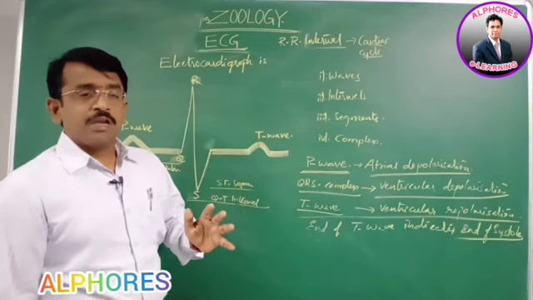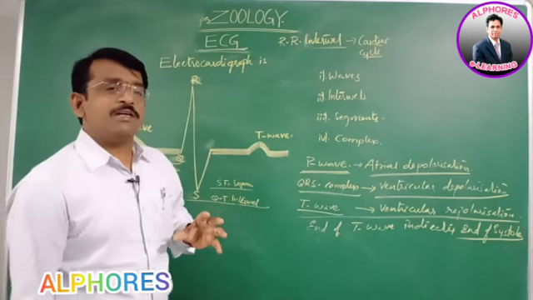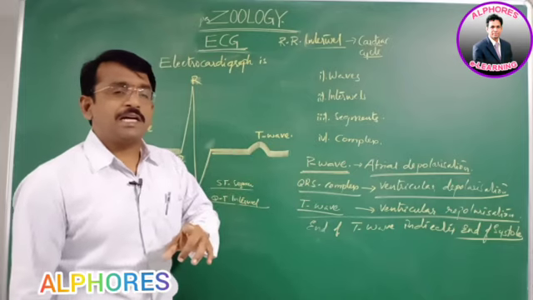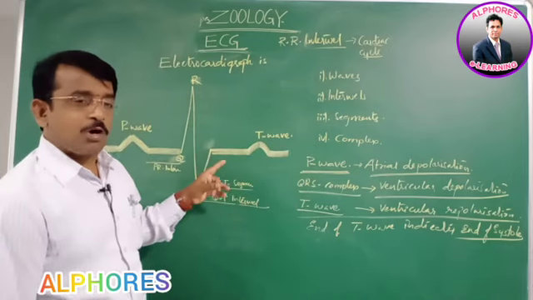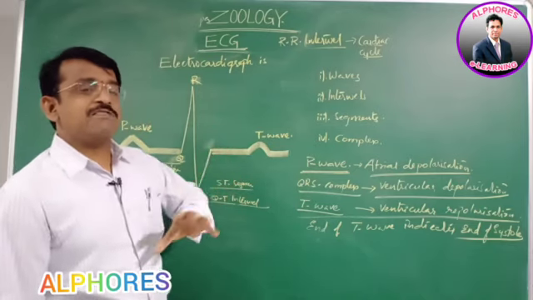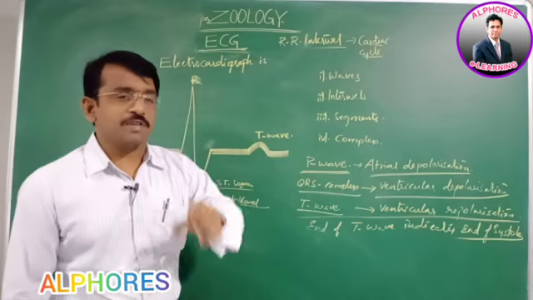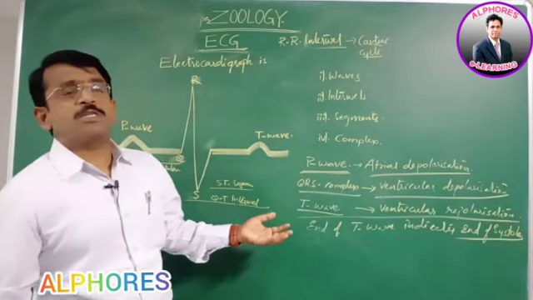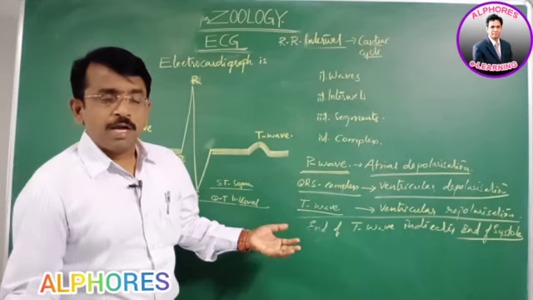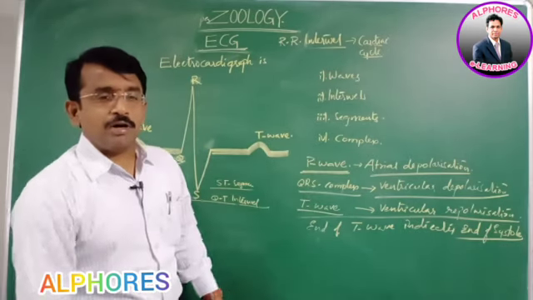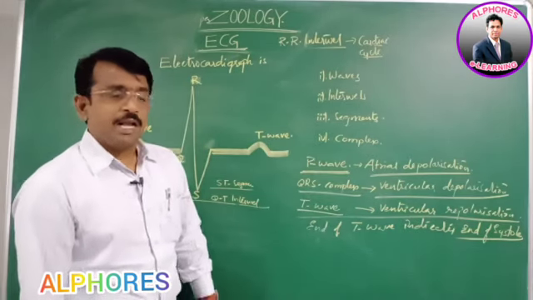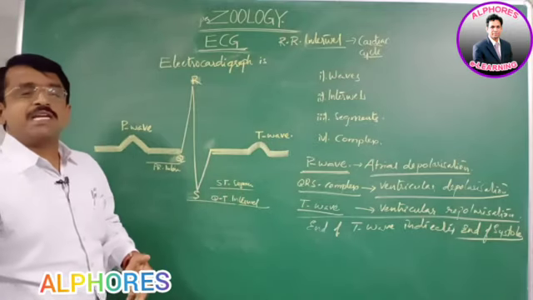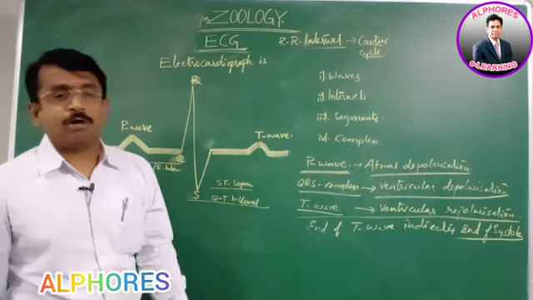If any abnormality is there, it will be reflected on the electrocardiogram, and that gives the abnormality in the functioning of the heart. It may be blockages in the blood vessels, it may be damaged heart valves, and now we see the clinical inferences in this regard.